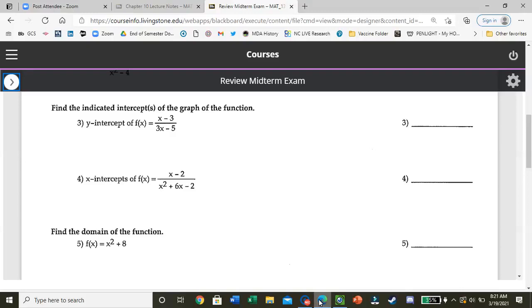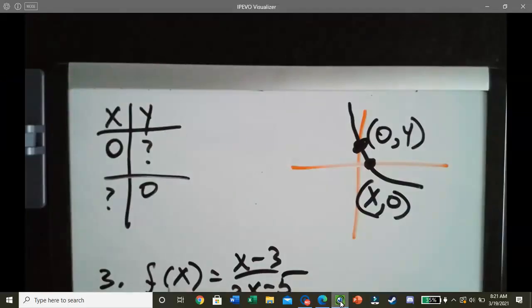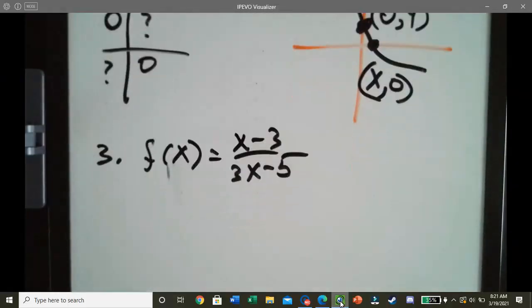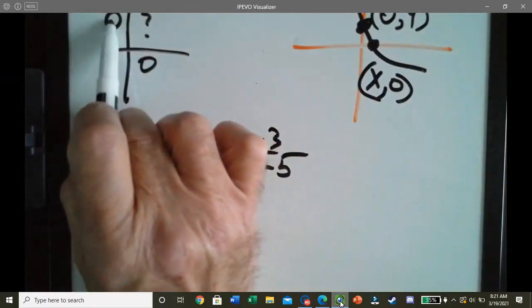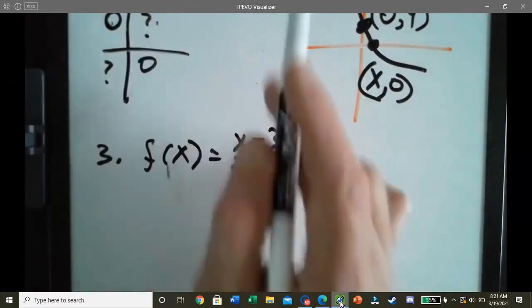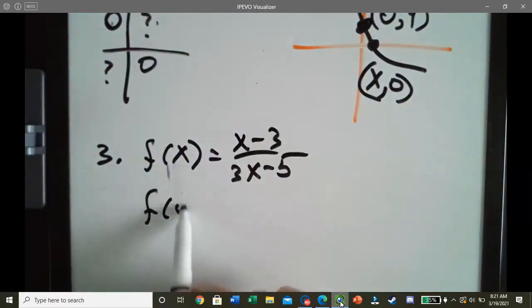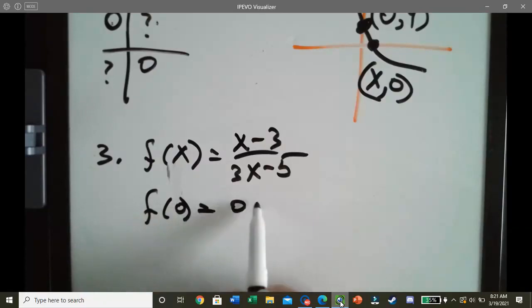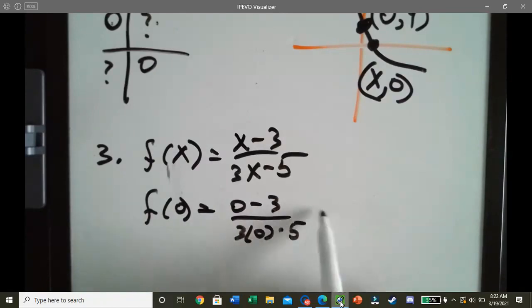So we have f of x is equal to x minus 3 over 3x minus 5, okay? So we put 0 in for x, find y, right? Wherever x is, we put a 0. So that's 0 minus 3 over 3 times 0 minus 5.